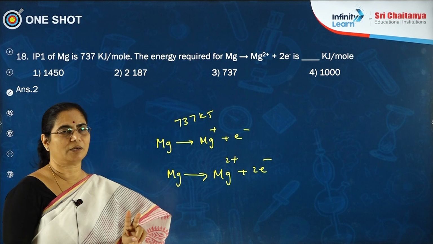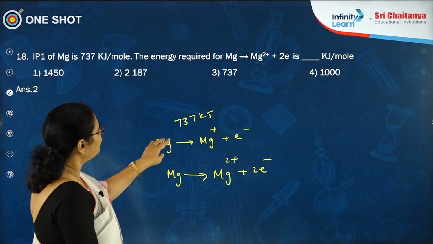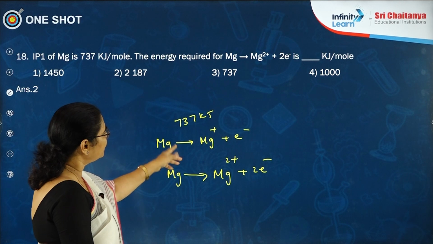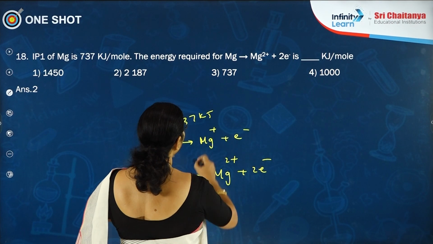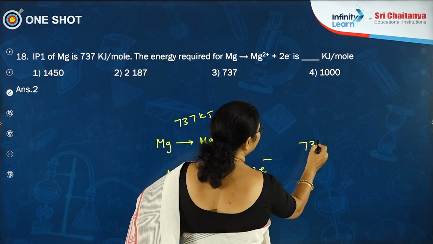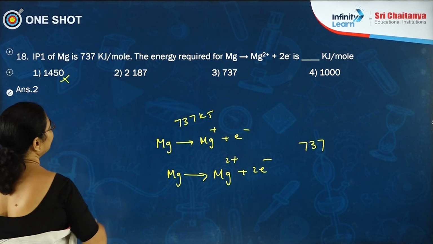It is not +1 to +2, it is directly 2 electrons, so we require additional energy. The second one is roughly double the first, around 1400. Students will just tick the answer 737 plus that, but it is not the correct answer.